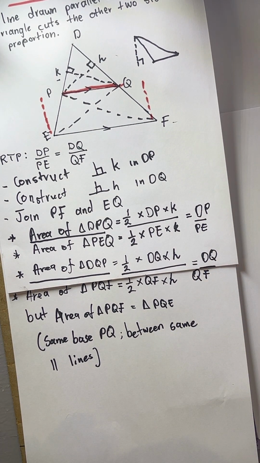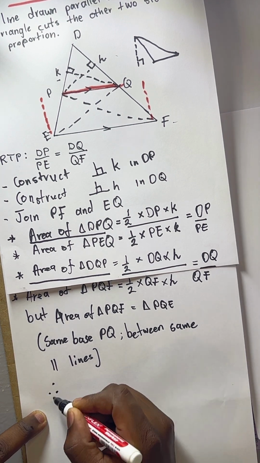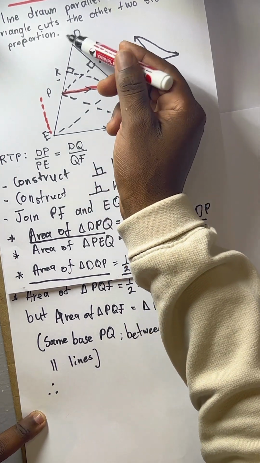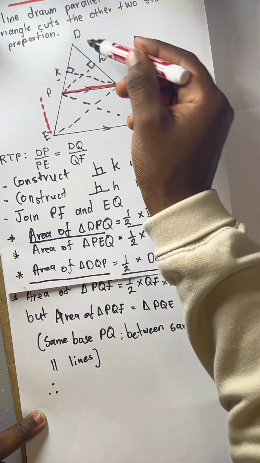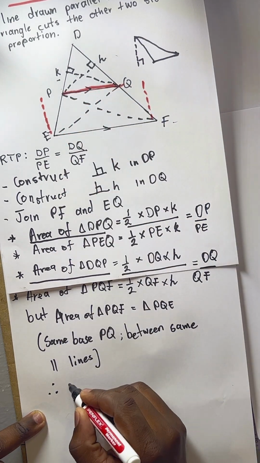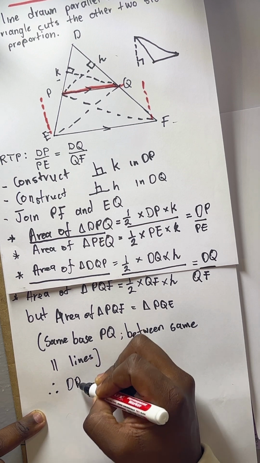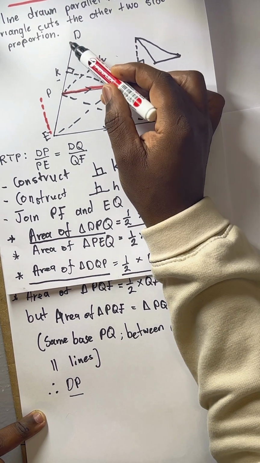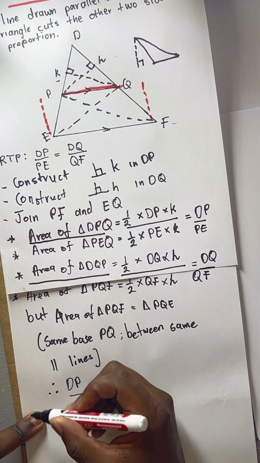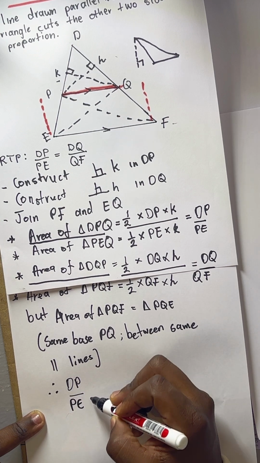Now after you have done it that way, you can go along and provide a conclusion. What is therefore the conclusion? Because you're required to prove that DP over PE, you can say therefore your DP over your PE, using this proportionality, is going to be equal to what?